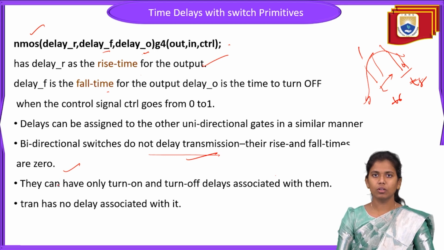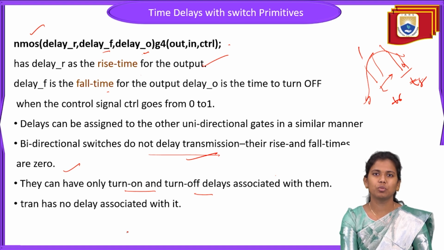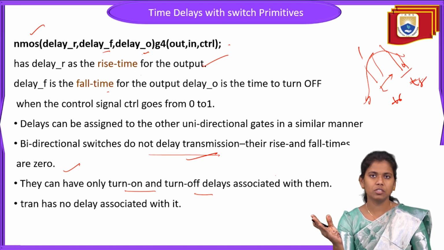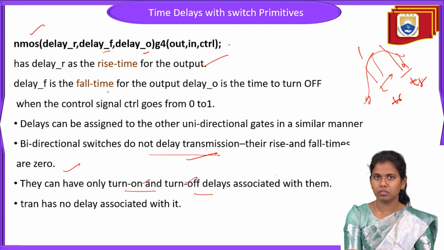And also remember that the bidirectional switches can only have turn on and turn off delay associated with them. So the delay transitions would be seen very less when compared to the other switches. The bidirectional switches can have only turn off time and turn on time.